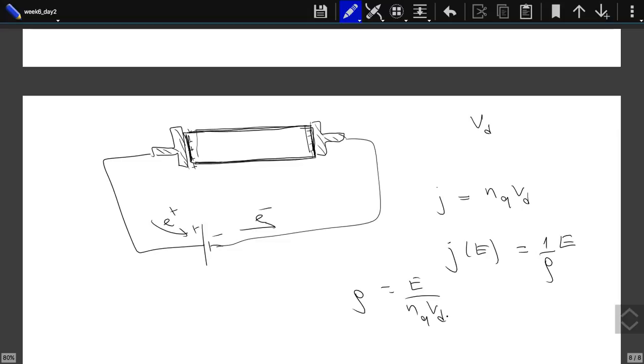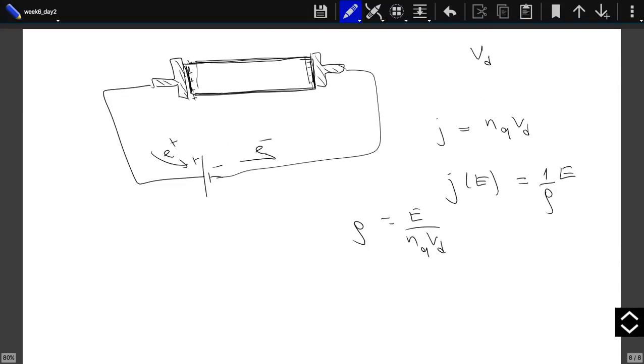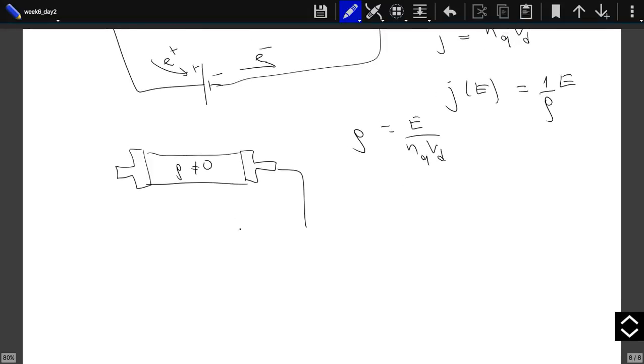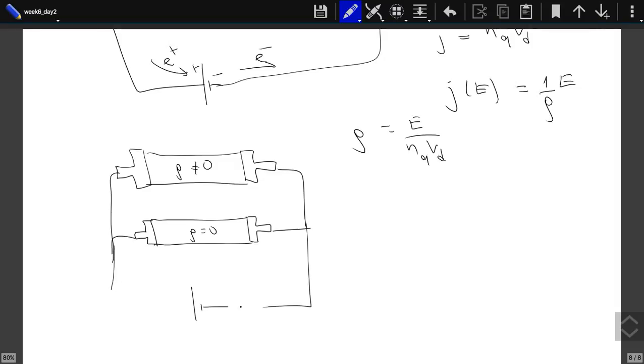Now let's just imagine this case where we have two resistors. This has rho non-zero. And here we have another resistor which has rho equal to 0. Now the battery will be pumping out electrons.